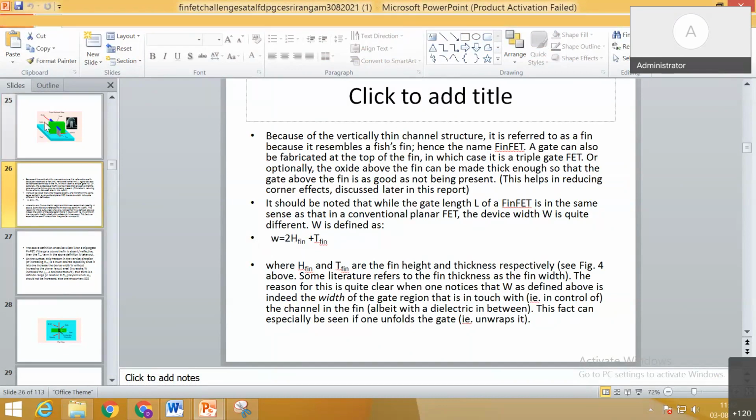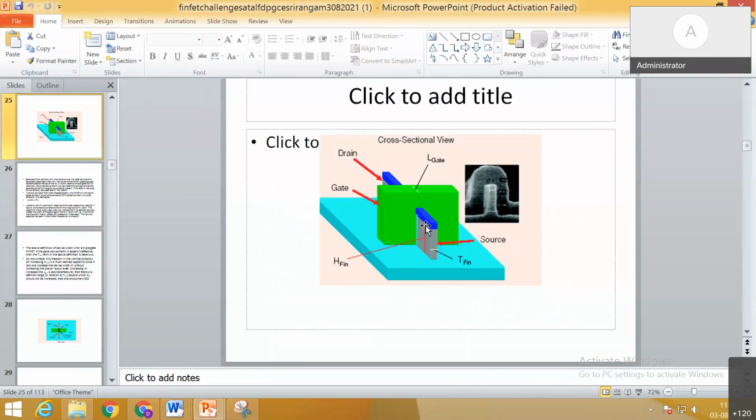Here H fin is the height of the fin, and T fin is the width of the fin.